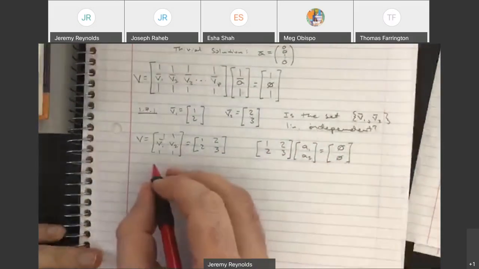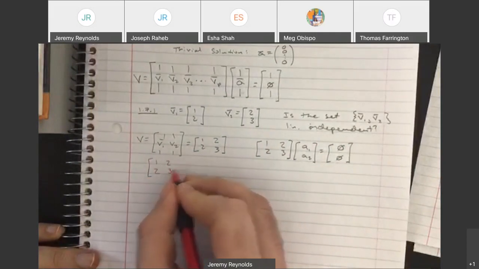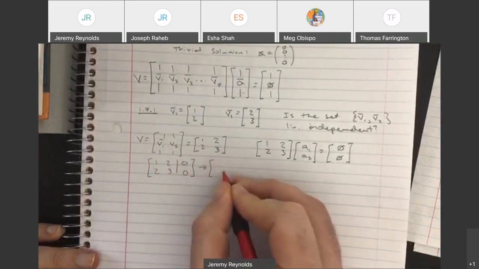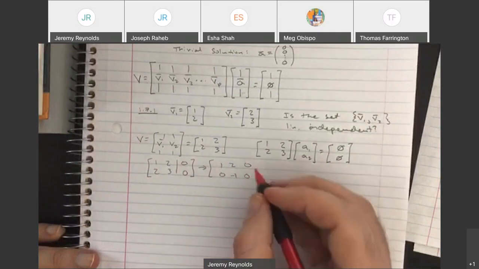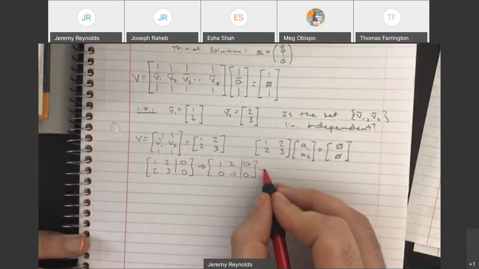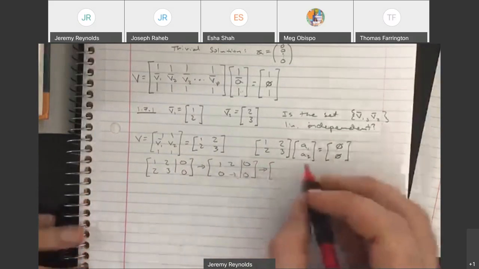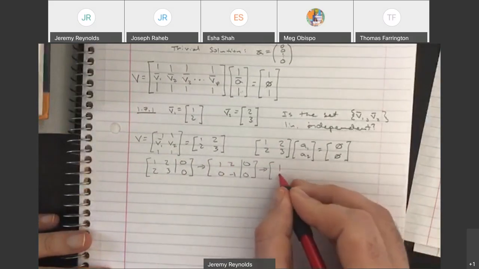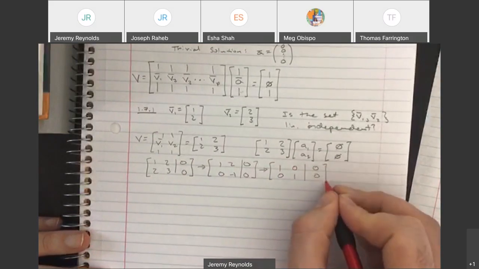Okay, this is a very easy problem to solve, so let's just set it up as an augmented matrix. And we end up getting the second row minus the first, multiply the bottom row by -1, and then we can add 2 times this row to the first row, and we end up just getting 1, 0, 0 and 0, 1, 0.